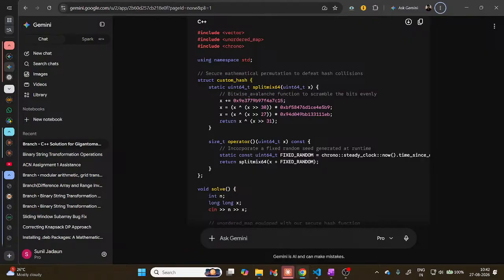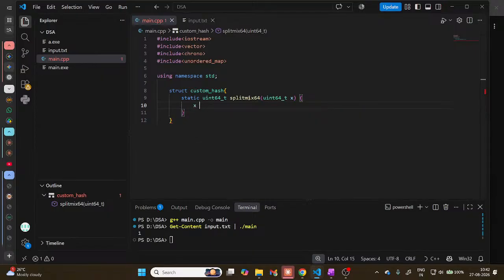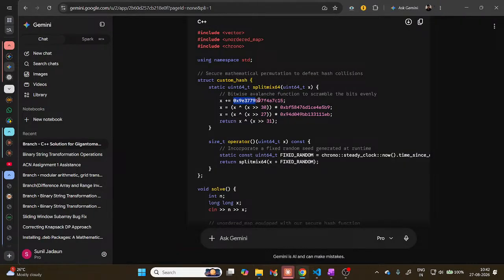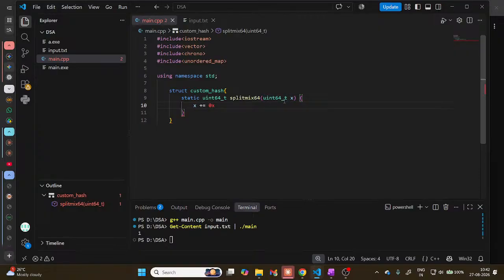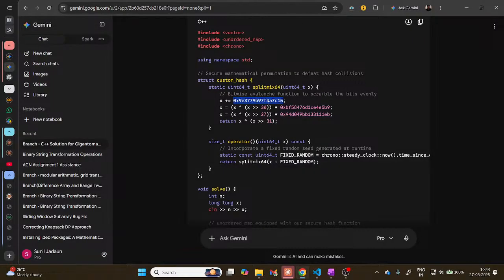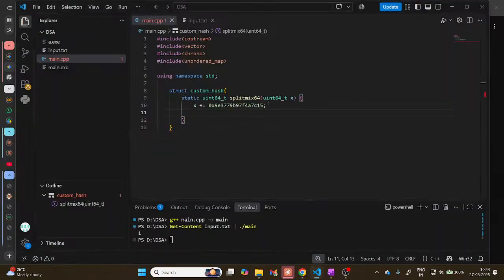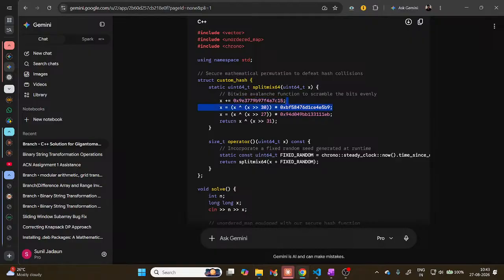Okay, so x plus equal to 0x something. Then x is equal to x XOR x shifted by some amount, into this 0x something here.